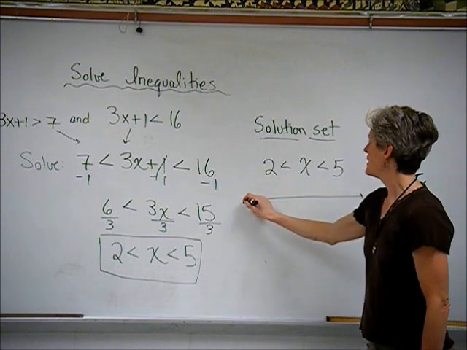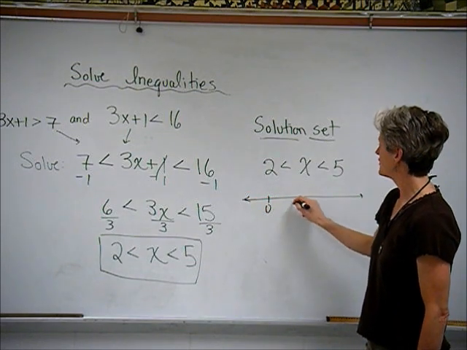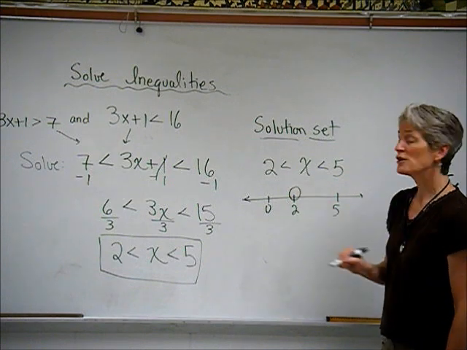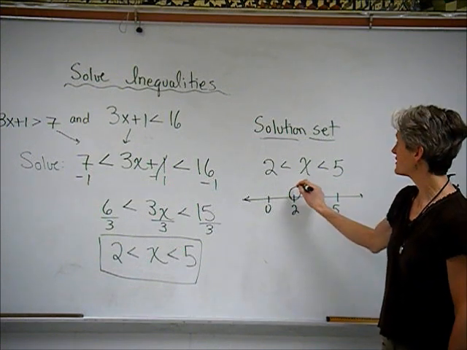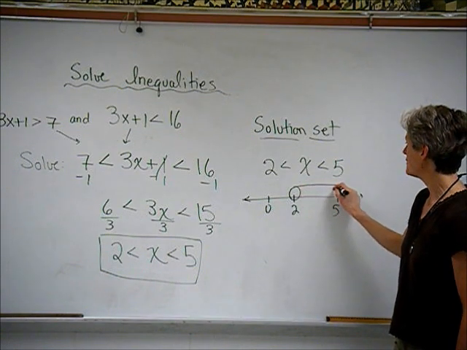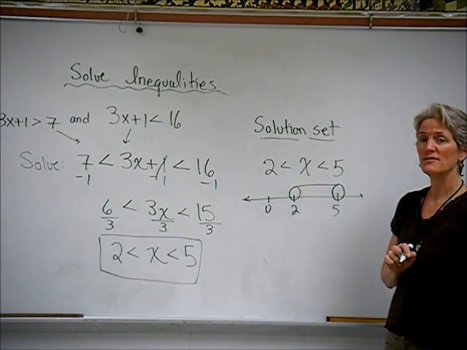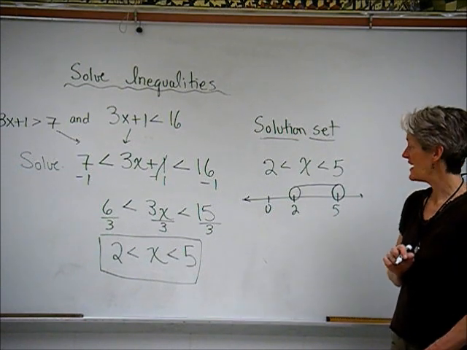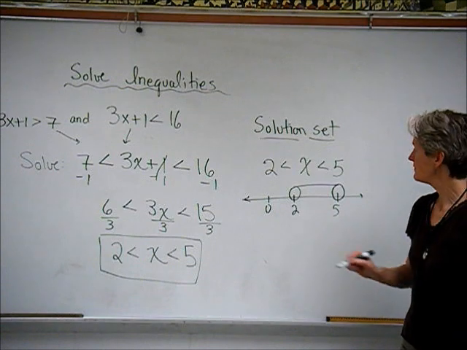We like putting this on the number line. Zero's there. There's 2, 3, 4, 5. It's an open circle because it doesn't include 2. My solution set does not include 2. It includes everything bigger than 2 and up to, but not including 5. Hey, should we be fancy and use our interval notation?